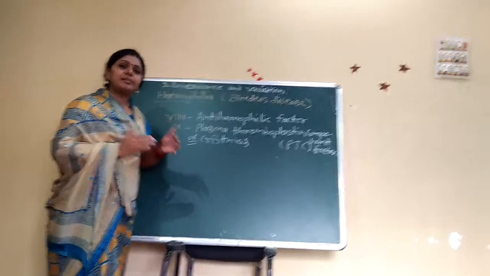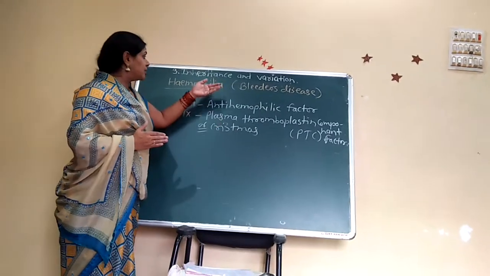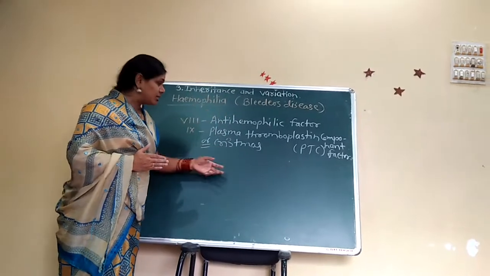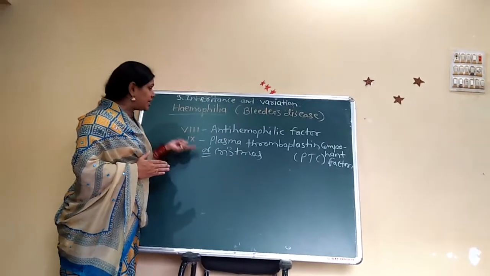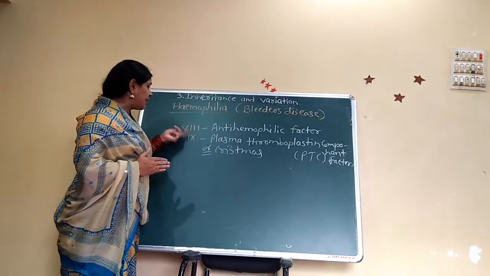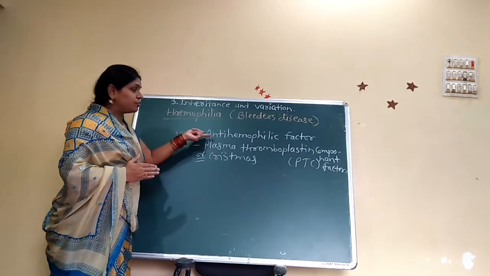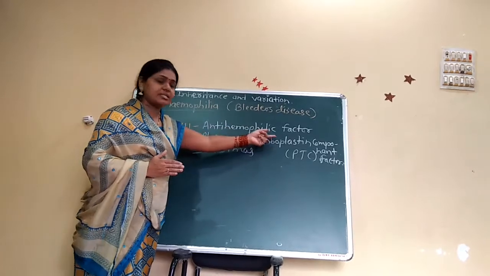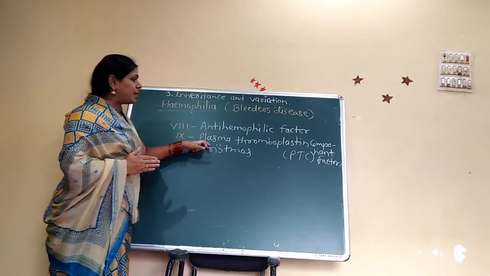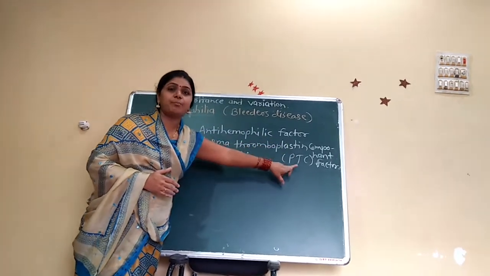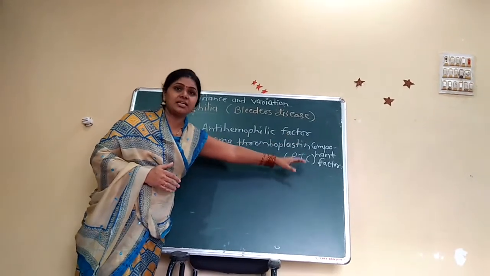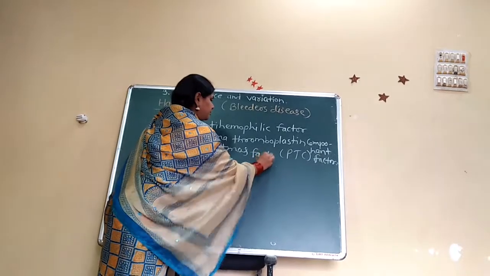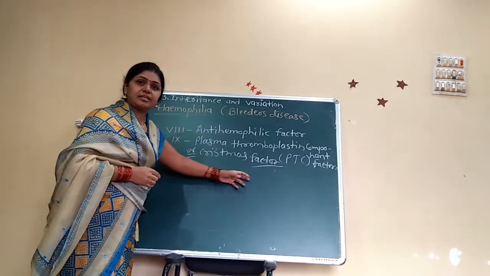In those hemophilic persons, two factors, factor 8 and factor 9, are absent. Factor 8 is the anti-hemophilic factor, and factor 9 is the plasma thromboplastin component, called PTC, or also the Christmas factor.